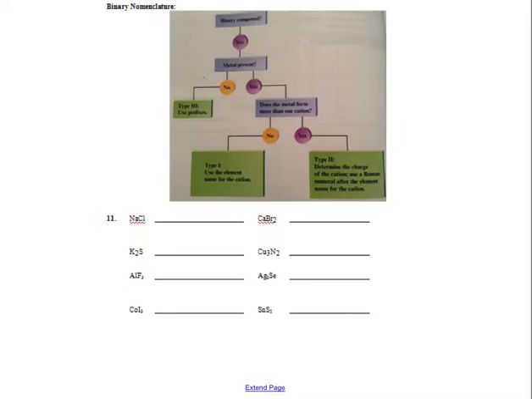All of these, notice, have metals. So these are all ionic compounds. You're not going to always have them nice and separated. You're going to have to remember how to name them when they're mixed up. So if you look at this flow chart, which you can't see very well, in the video it'll be very clear, but here it's not. So if it's a binary compound, is it? Yes. Are there metals present? Yes.